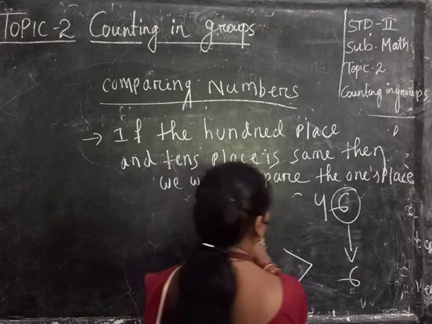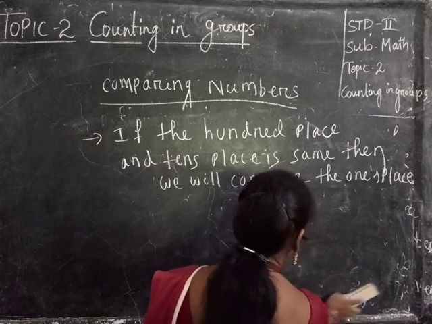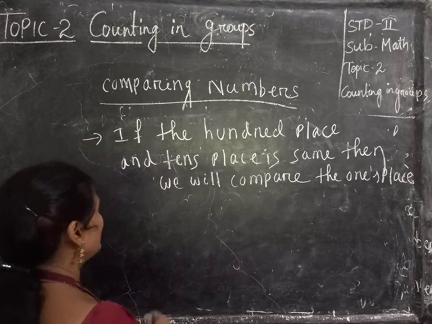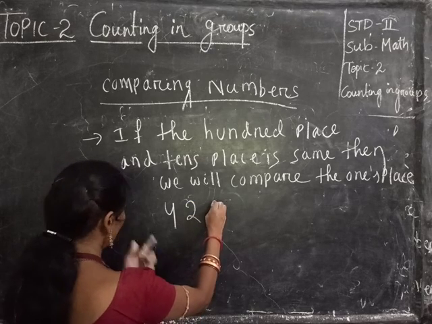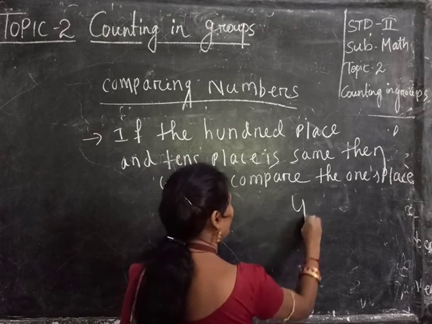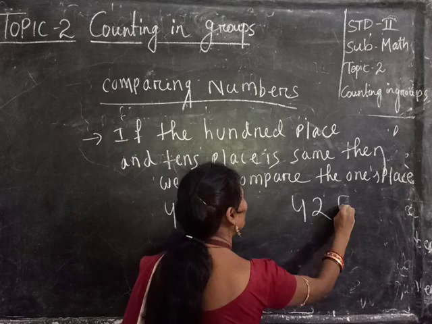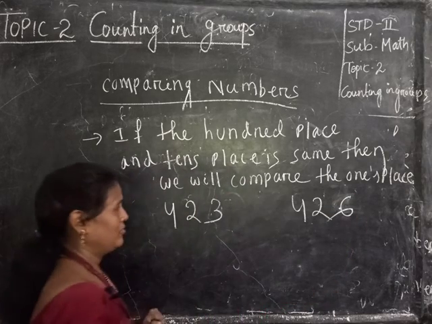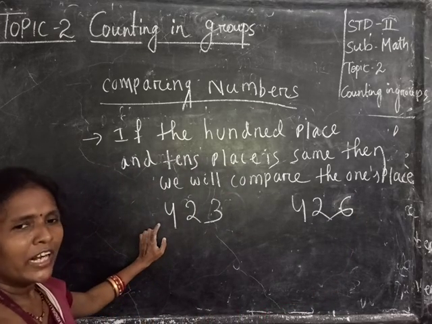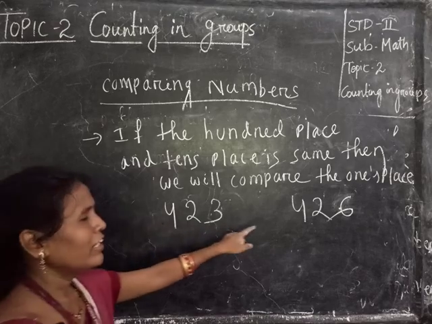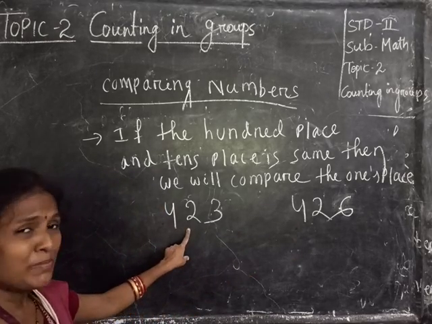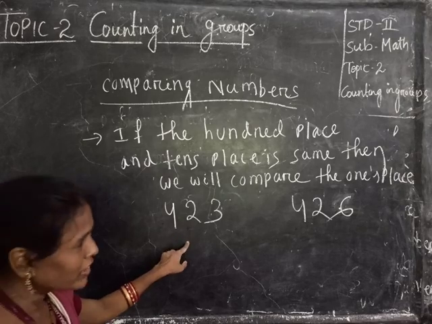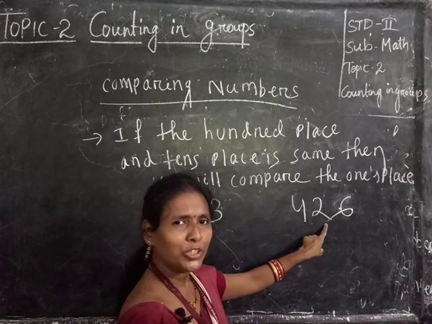Next example we'll see. You will tell yourself. That one is 4, 2, 3. Another I'll write 4, 2, 6. Right. You see, in 100 place also 4. And here also 100 place is 4. Now tell me students, what is in the tens place? 2. Okay. Here also in tens place 2 is there.